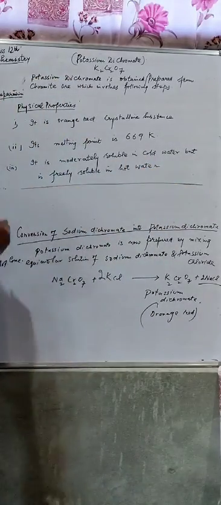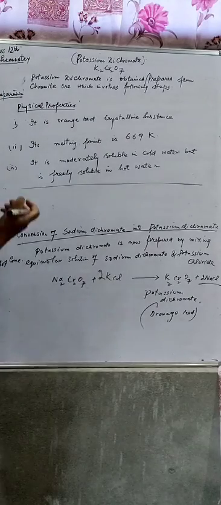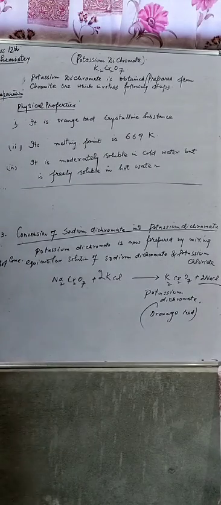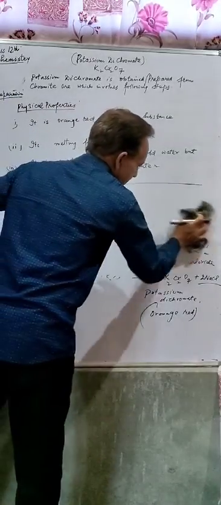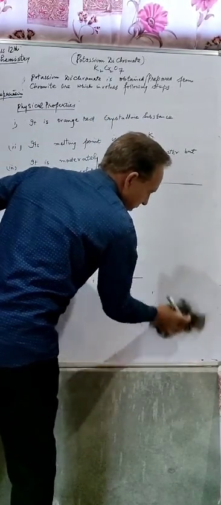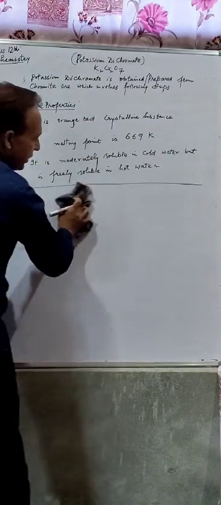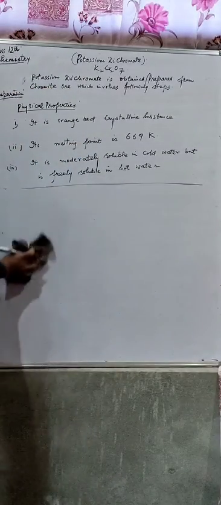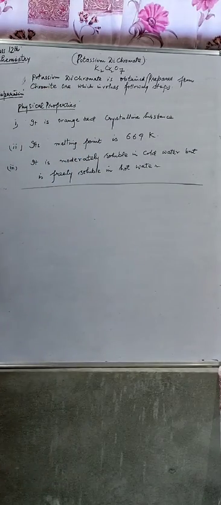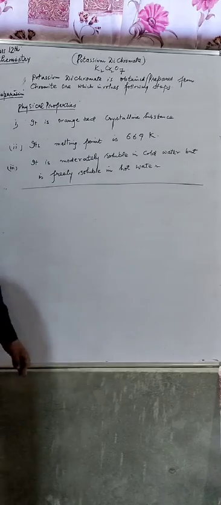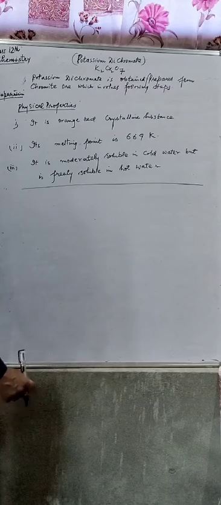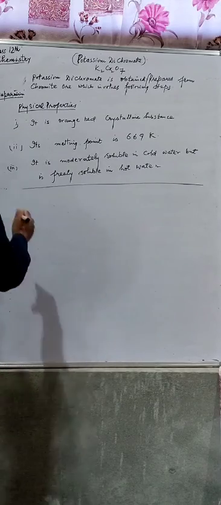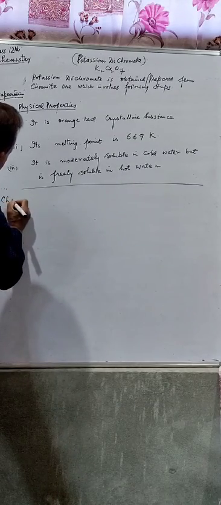So these are some of the properties of potassium dichromate. If we take the chemical properties, there are so many that will not be completed in today's lecture, and we will discuss those in the next lecture, but we will take one chemical property only.